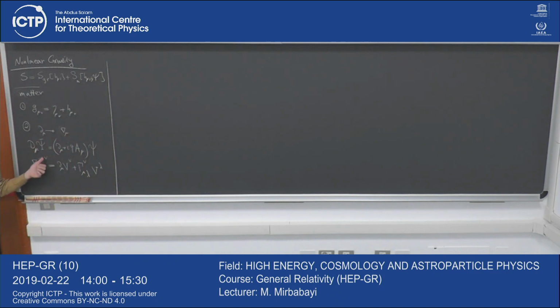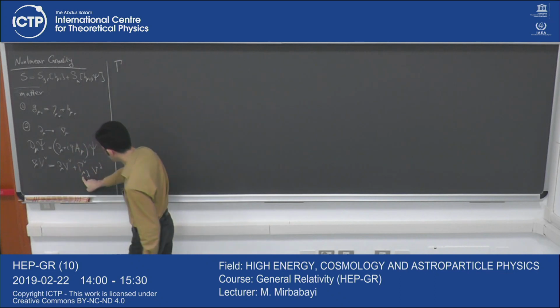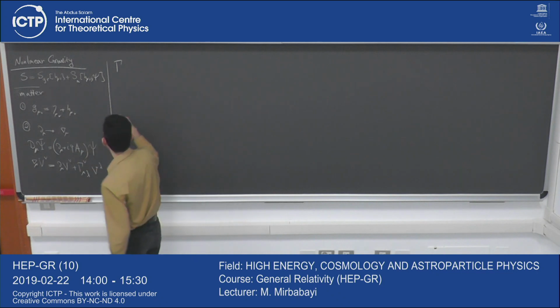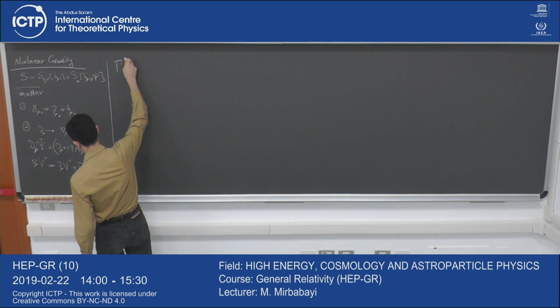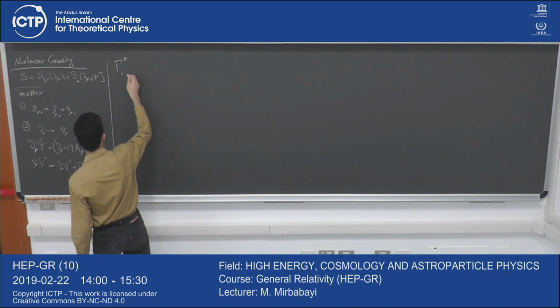Essentially, for every index you have one extra Christoffel symbol, and this Christoffel symbol, which is like the analog of our gauge field connection, is given by derivatives of the metric.